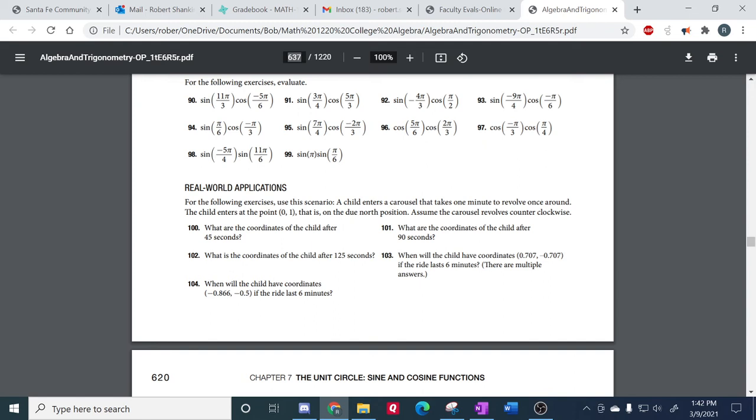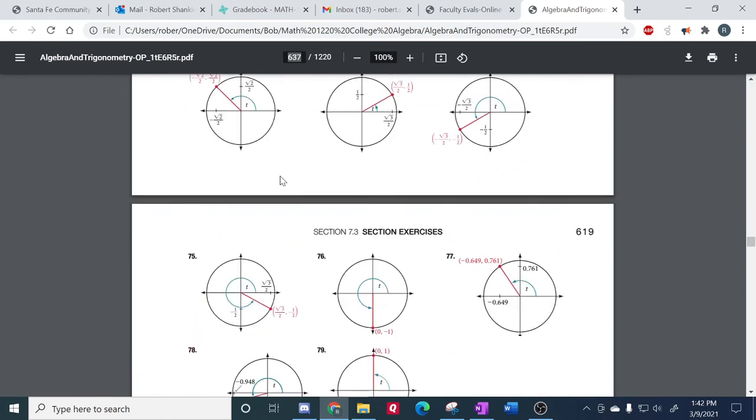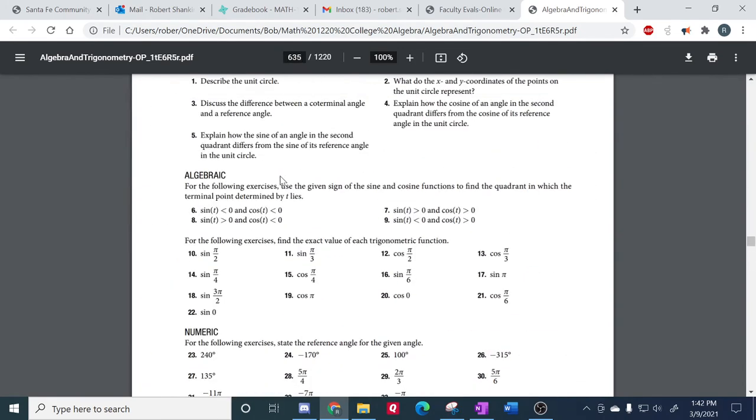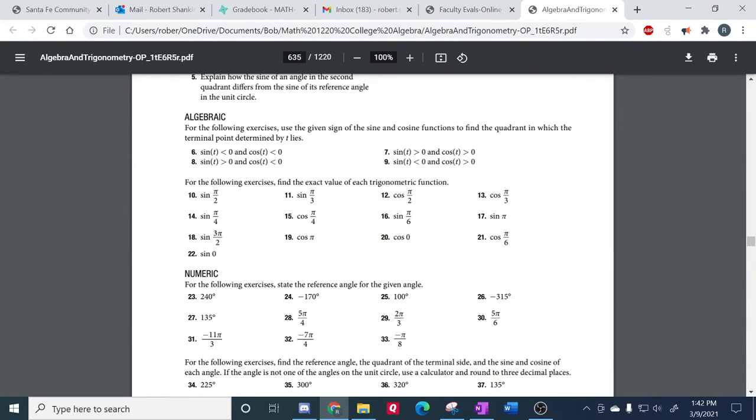It's 7.3, page 637, number 22. Okay, same page that I'm on. Is it this one right here?